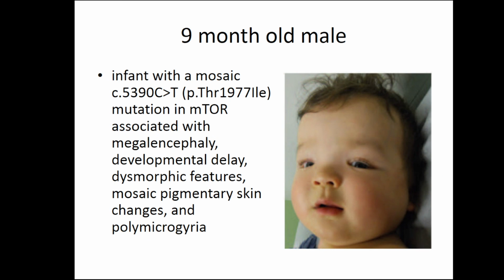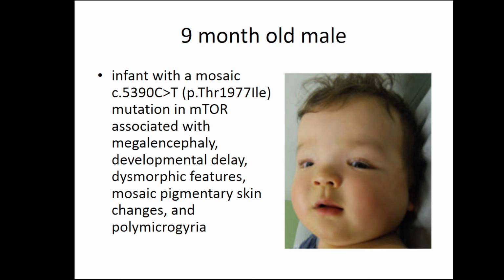Next example, a 9-month-old male infant with a mosaic single nucleotide polymorphism in position 5390 where cytosine changes to thymine. You can see how it is labeled here.